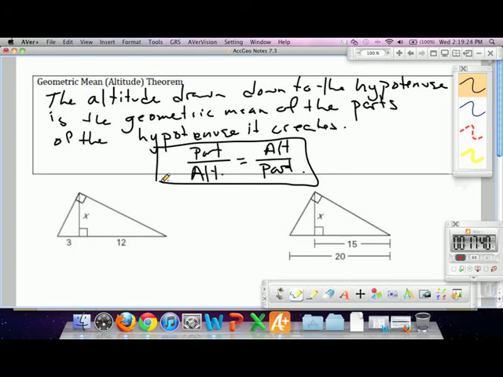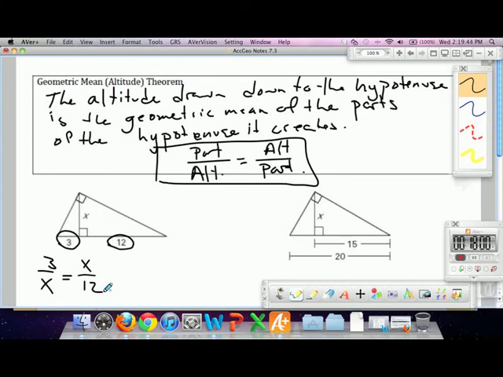So for example, here's a part of the hypotenuse that's being created by the altitude. Here's another part of the hypotenuse being created by the altitude. So using my geometric mean formula, I can say part is to altitude as altitude is to other part, and solve.